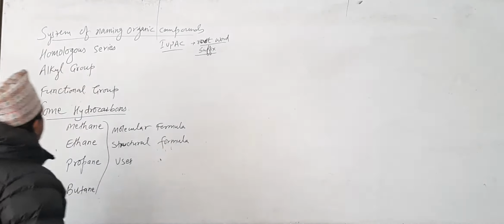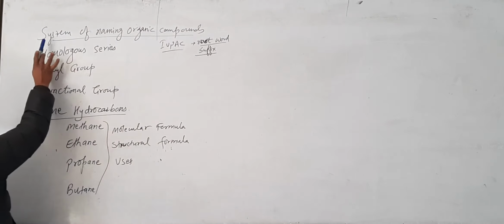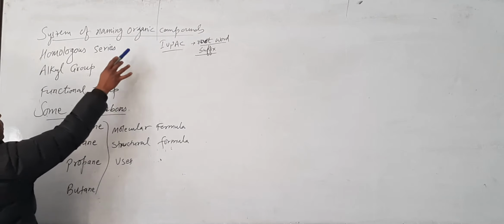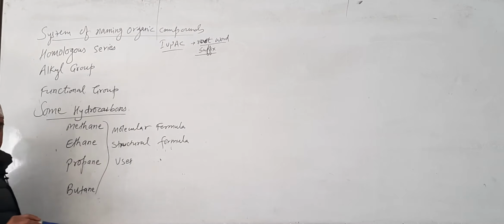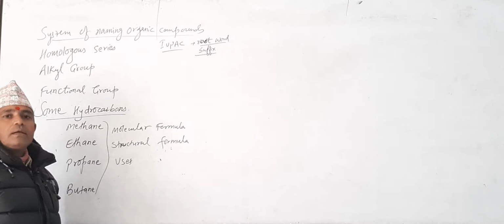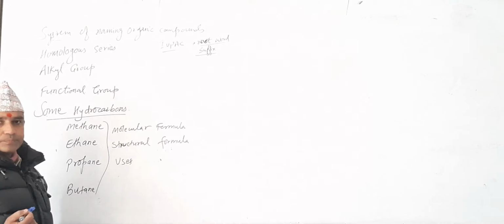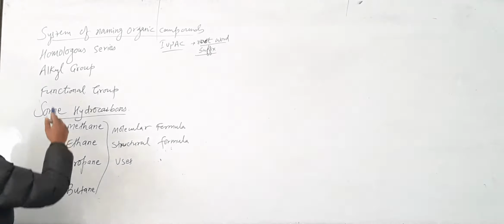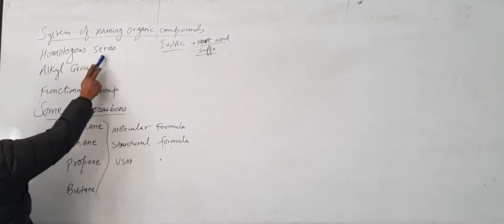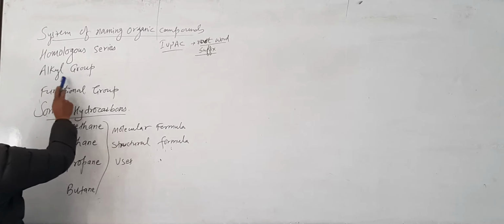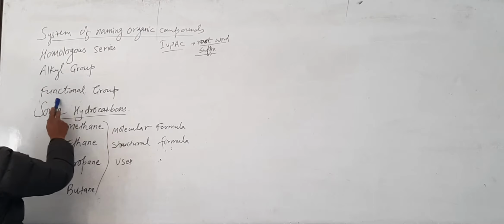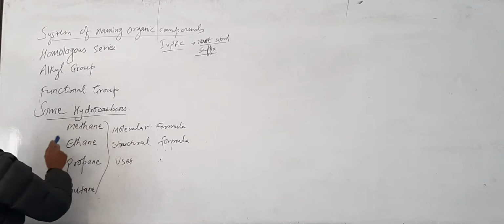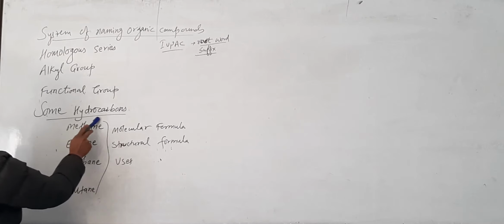So in today's class, we are discussing the system of naming organic compounds, how the organic compounds are named, or nomenclature of organic compounds. Next one is homologous series, alkyl group, functional group and some hydrocarbons.